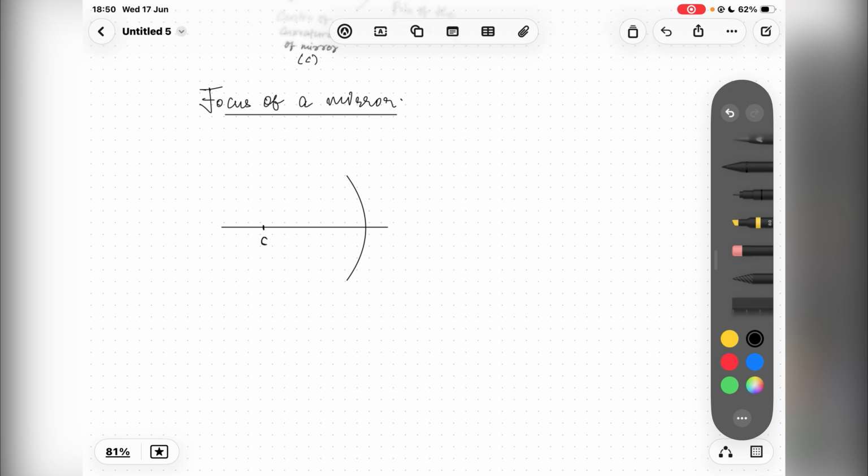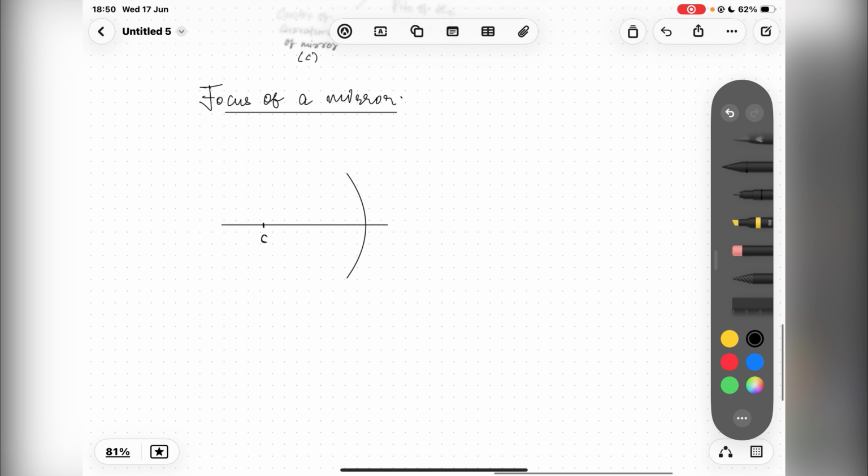Now, suppose an object is placed far, far beyond the center of curvature of the mirror, and for such an object, we will say that the object is at infinity.